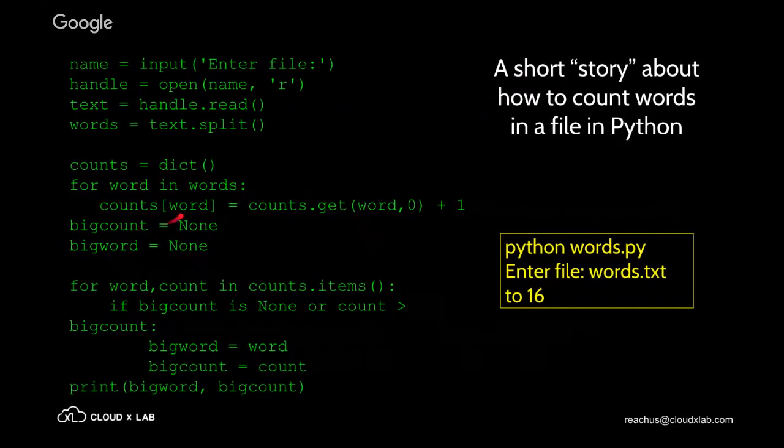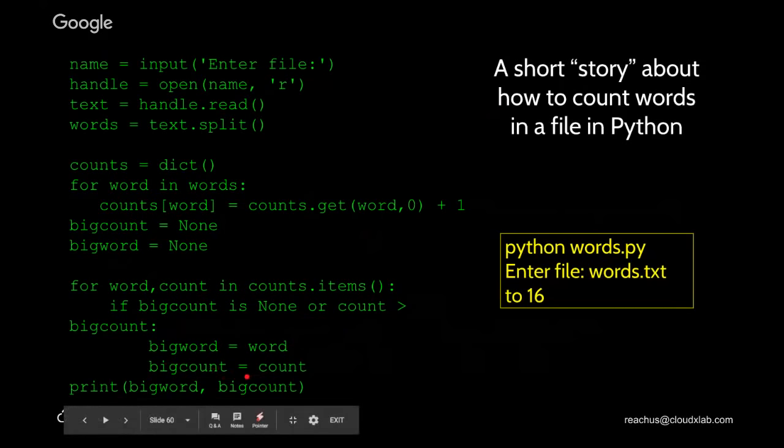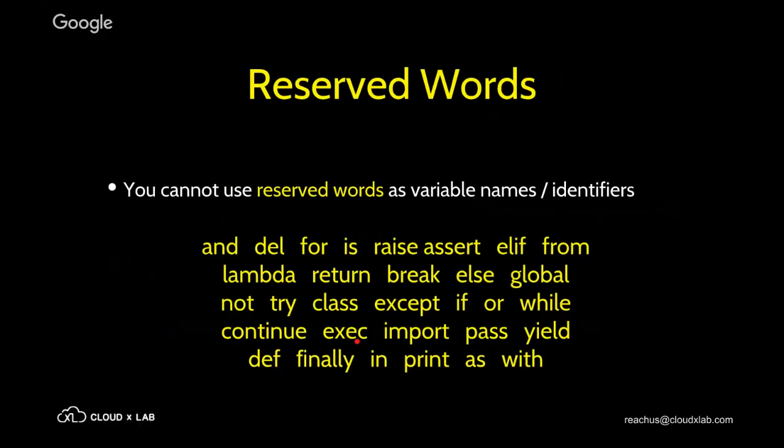Then we go through the words one by one and keep a note in this dictionary, updating it as we go ahead. At the end, this dictionary would contain the counts. Then we go through the elements of this dictionary and find the one that has the maximum count, the biggest word, and so on.